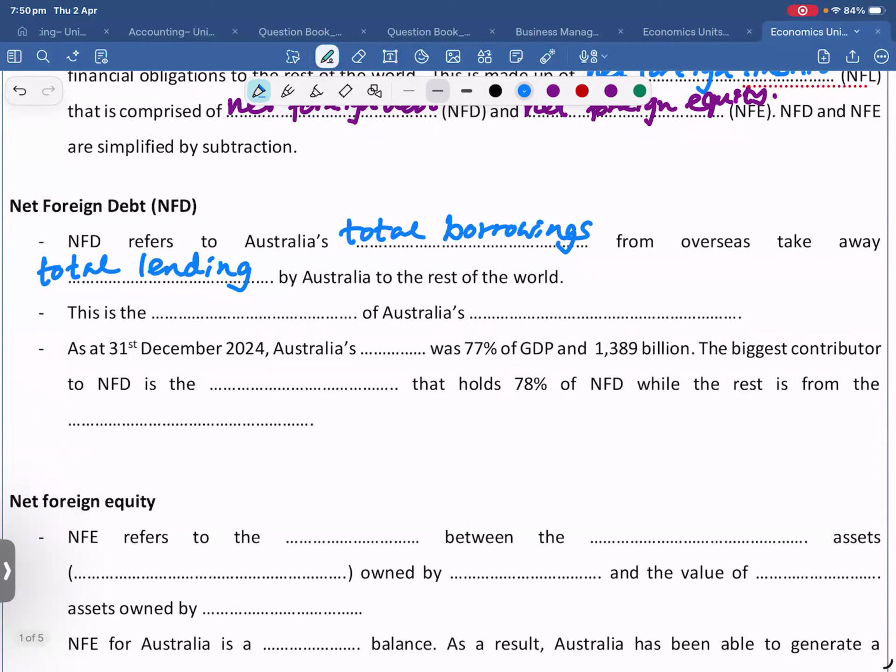Next one, this is the largest component of Australia's net foreign liabilities.